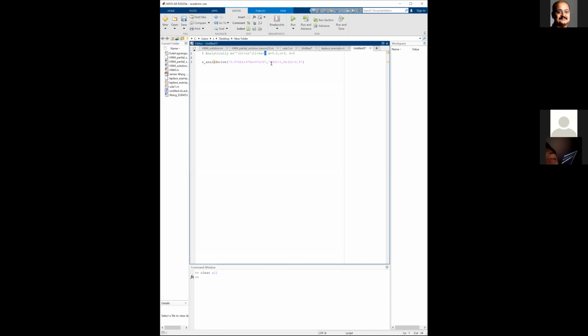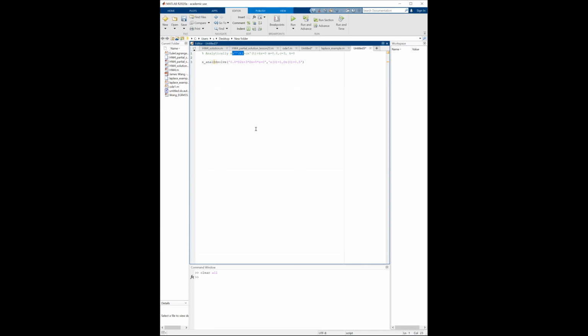Now what is over here? Please understand, this is a second order differential equation. What do I mean by second order differential equation? That means it has two derivatives, so it needs to be integrated 2 times. When we integrate once, we need one initial condition.